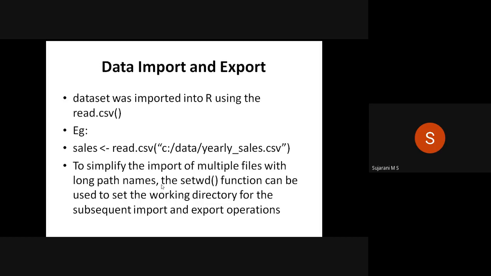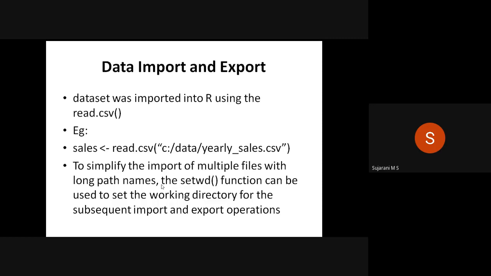In this example we can see sales, an arrow mark, and the read.csv function with brackets, in which we are specifying the CSV file, including the path. Here the arrow mark acts as an assignment operator. In our programming, we use the arrow mark as an assignment operator.